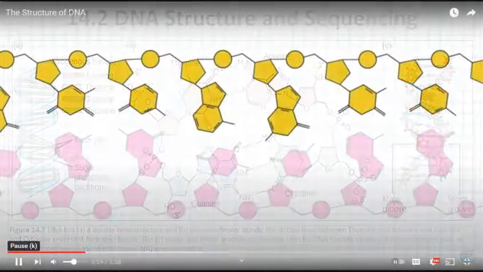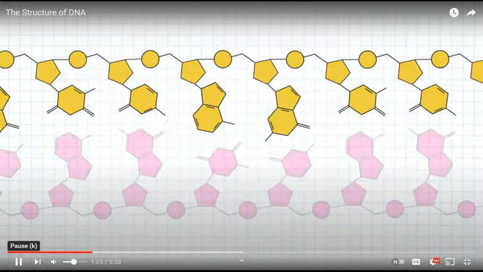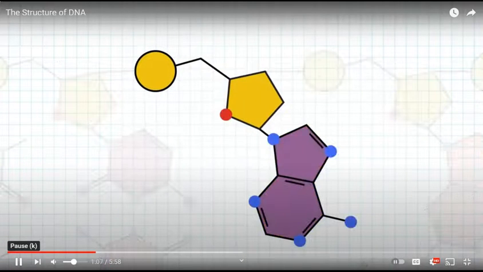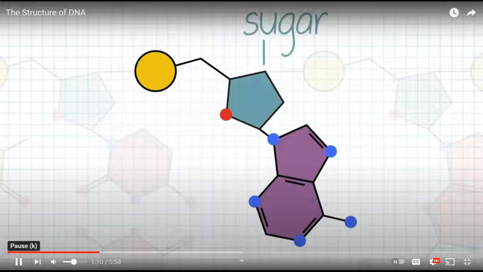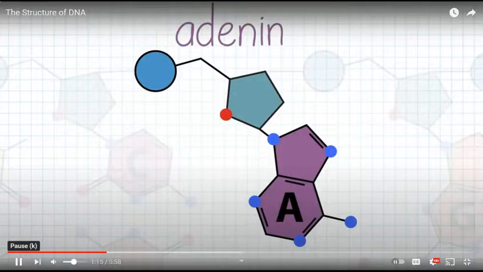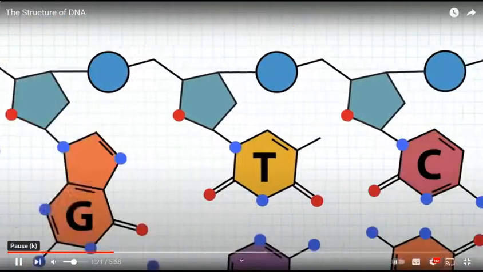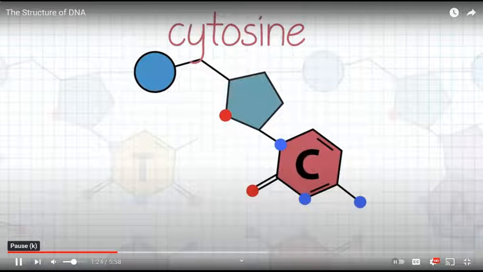Each strand is a polynucleotide, meaning the strand is made up of many individual units called nucleotides. A nucleotide has 3 components: the 5-carbon sugar, a phosphate group, and one of 4 possible nitrogenous bases: adenine, guanine, thymine, and cytosine.